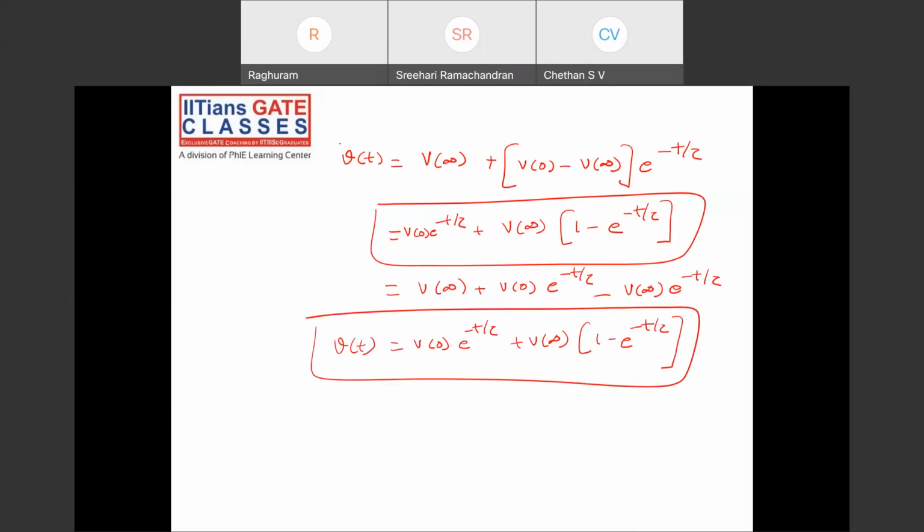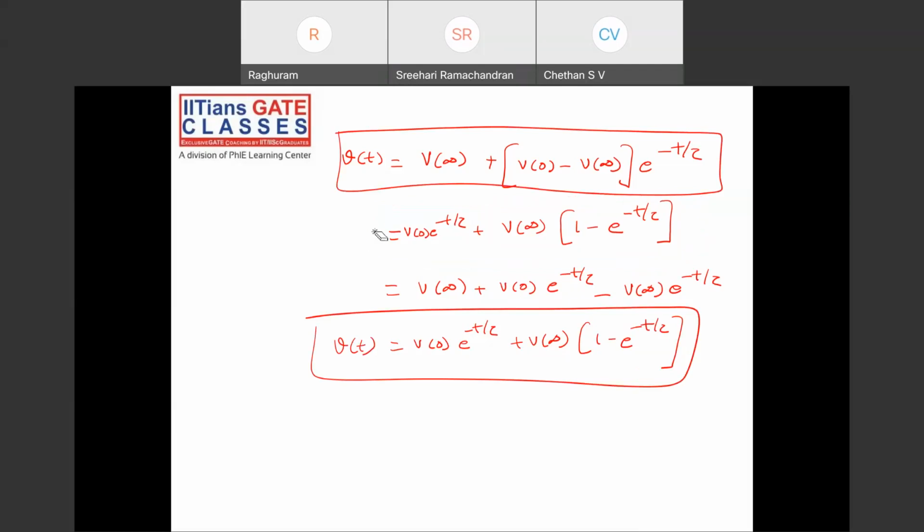I'll write down two equations of these. Observe these two. I can write it something like this: CF plus PI, complementary function plus particular integral. See, what is V of 0? Initial condition, the initial charge on the capacitor.